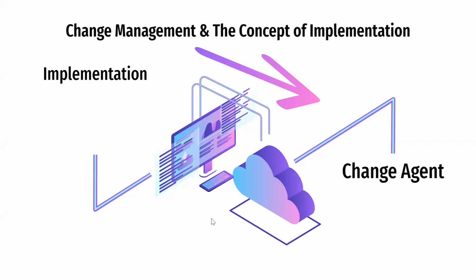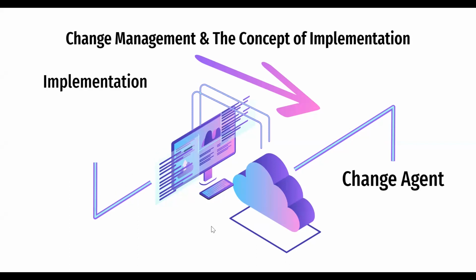Next is the change management and the concept of implementation. So a very large percentage of information systems stumble because the process of organizational change surrounding system building was not properly addressed. So successful system building requires careful change management.